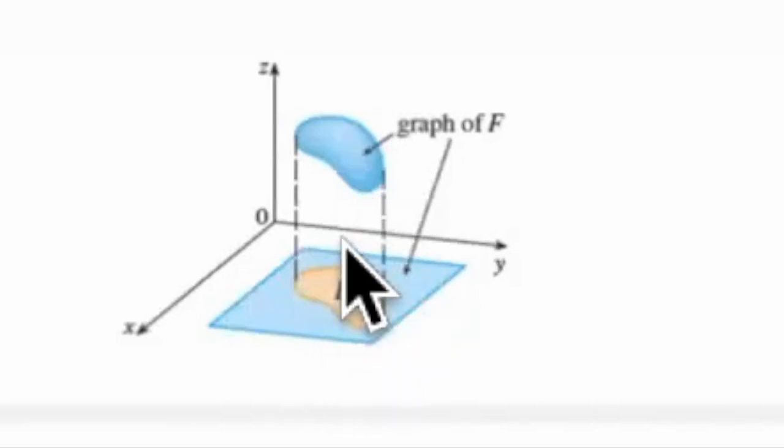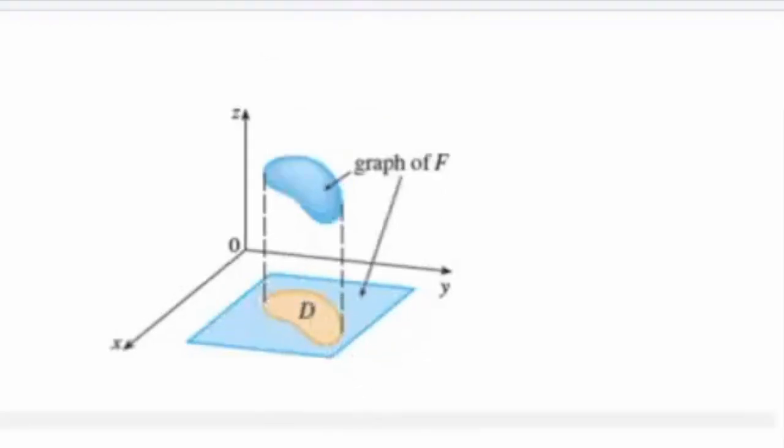So it is likely that the big F function has discontinuity on the boundary points of D. However, if the small f function is continuous on this orange region D, and the boundary curve of D is well behaved, then we can show that the double integral of the big F function over this blue rectangle exists, and therefore the double integral of the small f function over this orange region D will exist.